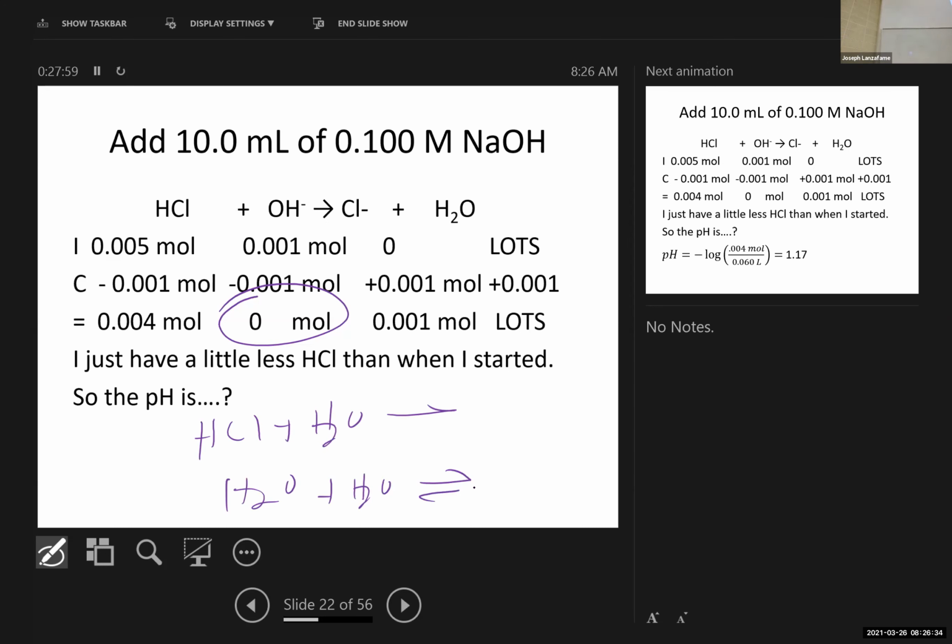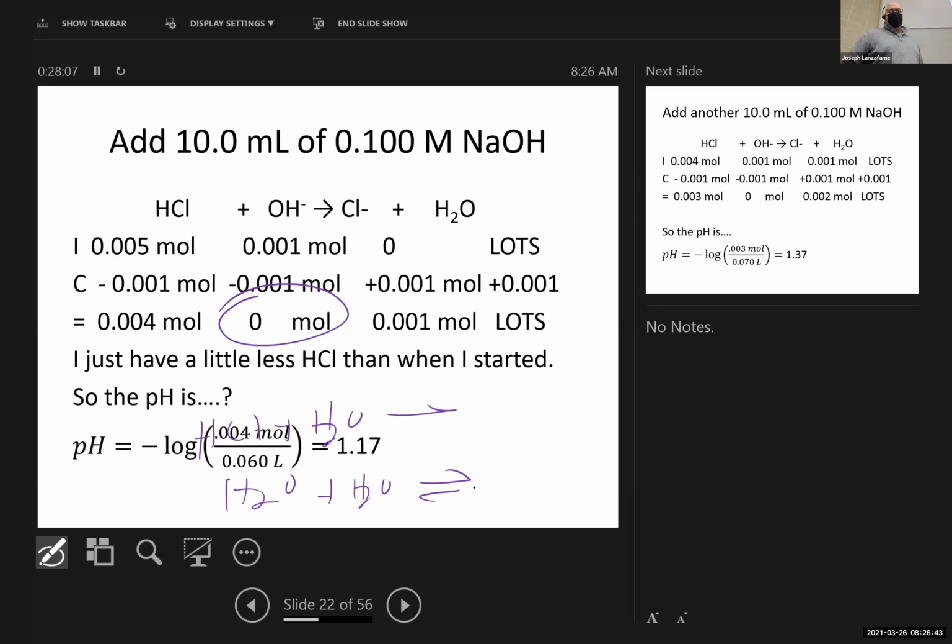Again, there's Kw at the back, should I need it, but I still have so much HCl, I'm not going to need it. Right, and so again, technically, the HCl reacts with water, but all that means is 100% of the HCl dissociates because it's a strong acid, which means I get exactly the same amount of hydronium.